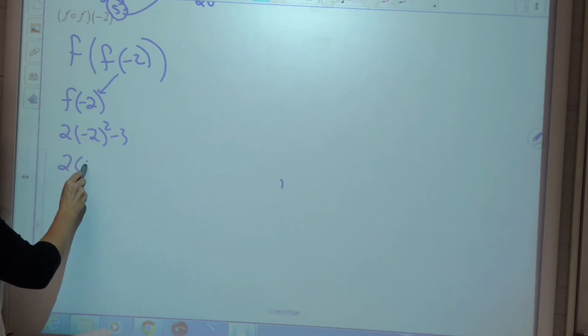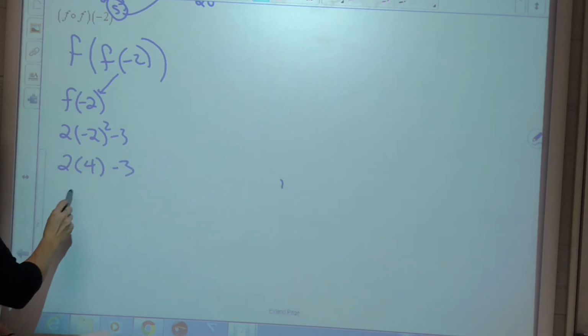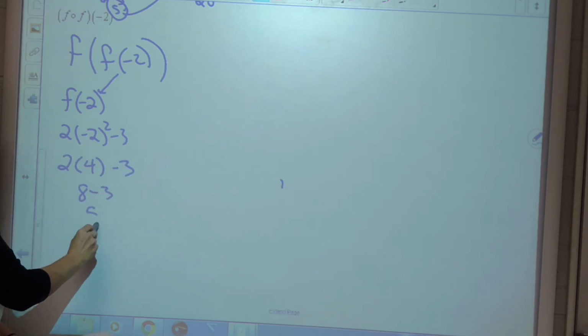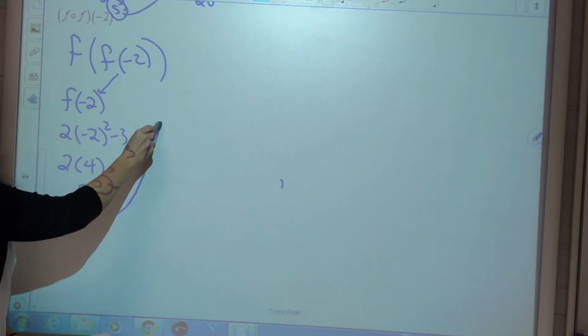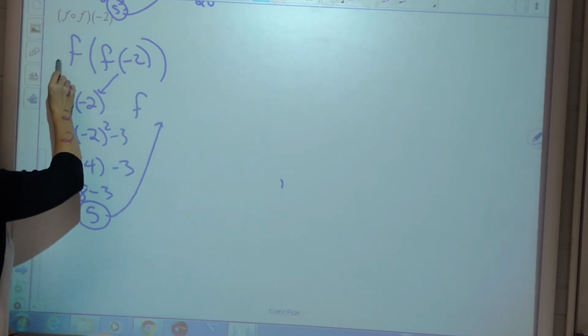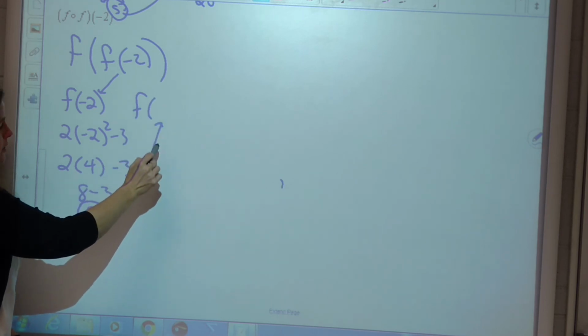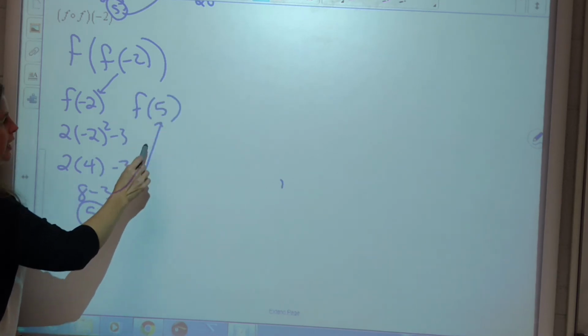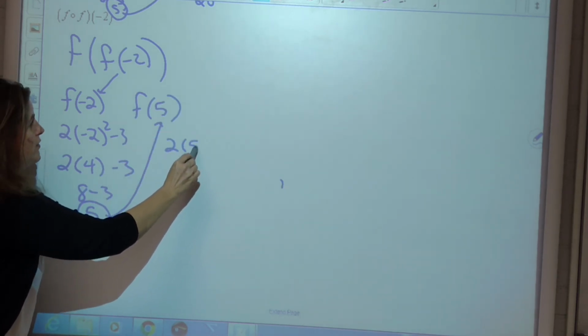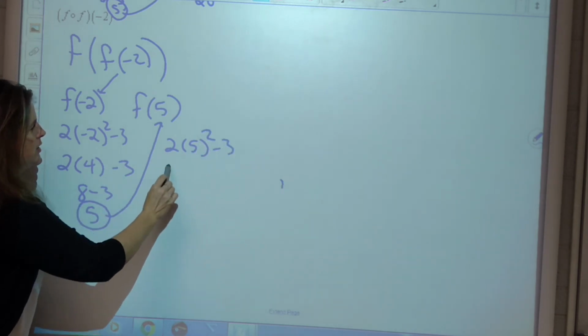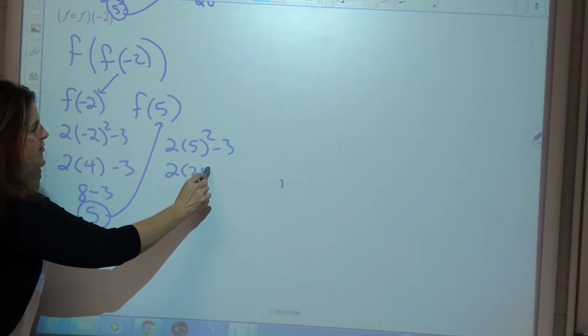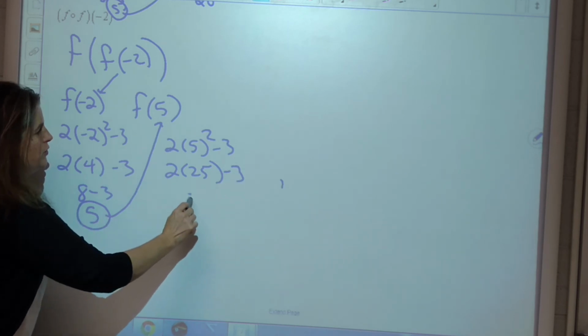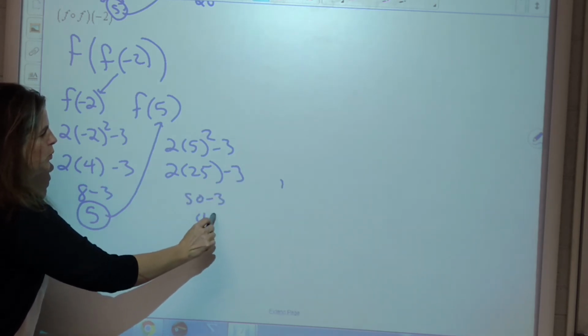So that's 2 times 4 minus 3. 8 minus 3 is 5. That comes up into the outside equation, which is also an f. So I'm going to have 2 times 5 squared minus 3, which is 2 times 25, which is 50 minus 3, which is 47.